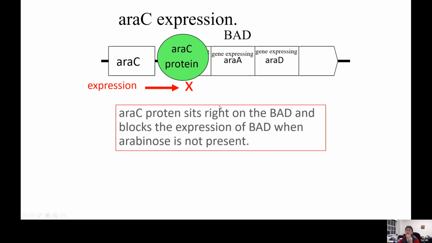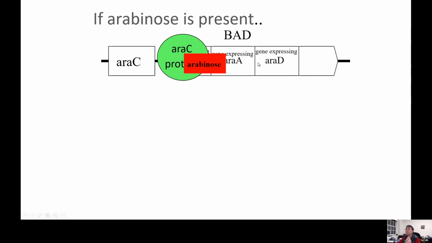Just think of it conceptually: the ARAC protein sits right there and prevents the RNA polymerase from latching on and starting to polymerize. So again, if you don't have arabinose, no expression. Now imagine you have arabinose, and this arabinose binds with the ARAC protein, or the ARAC protein binds with arabinose, and when it does, it changes the conformation.